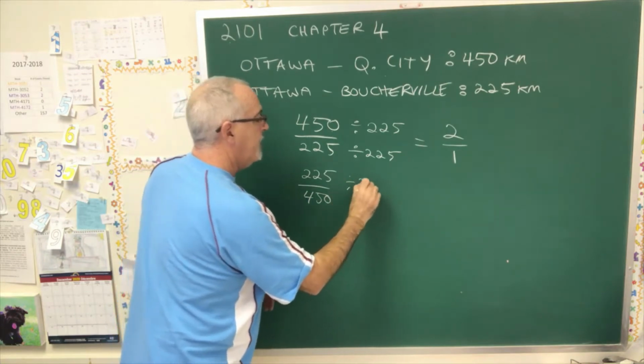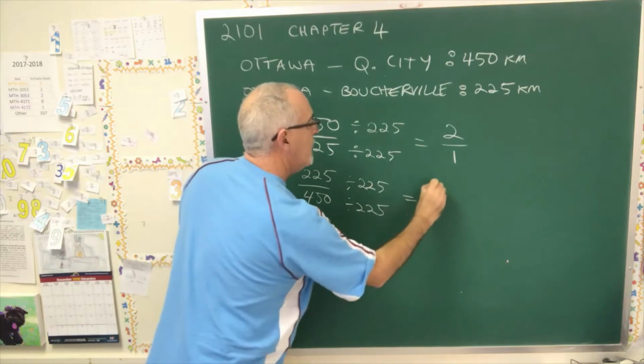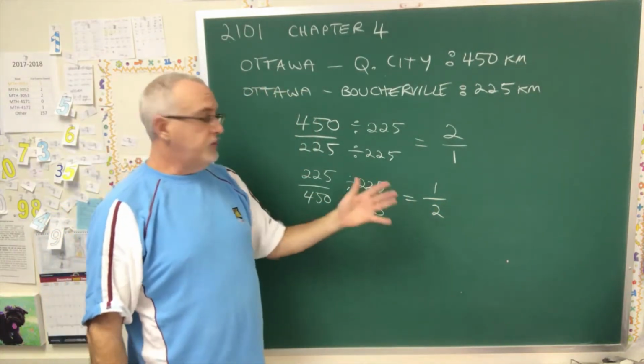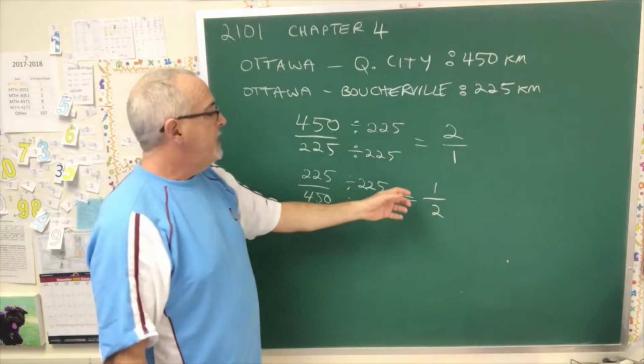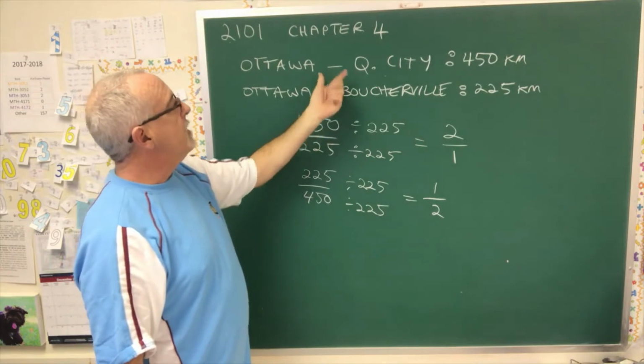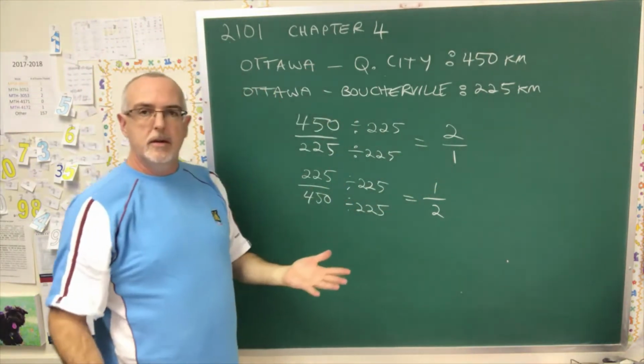And we would simplify it the same way, but we would get 1 over 2. Okay, there's a 1-to-2 ratio. It's really the same ratio. There's a 1-to-2 ratio between the shorter distance and the longer distance. There's a 2-to-1 ratio between the longer distance and the shorter distance.